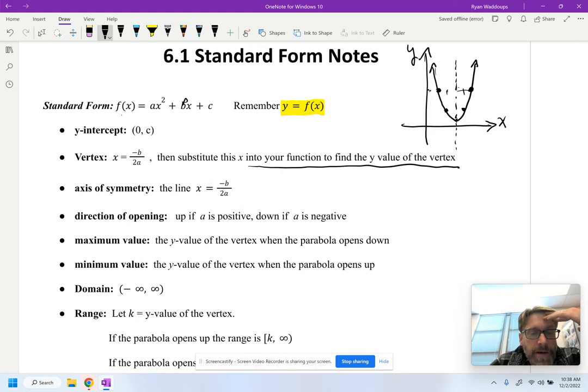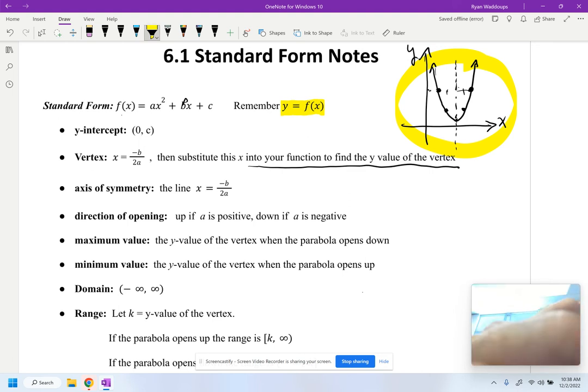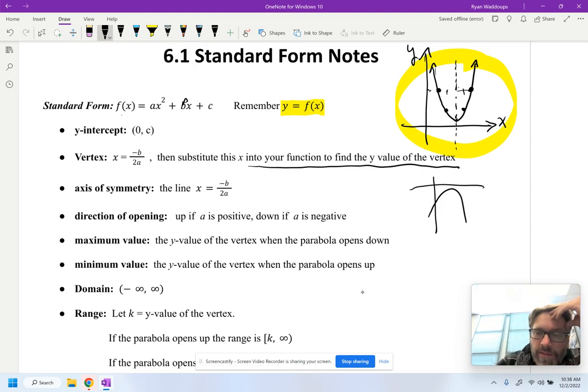All right. Direction of opening. This particular example right here is upward facing. And if a is positive, then it opens up. And if it's downward, if a is negative, then it opens downward, like in this example.